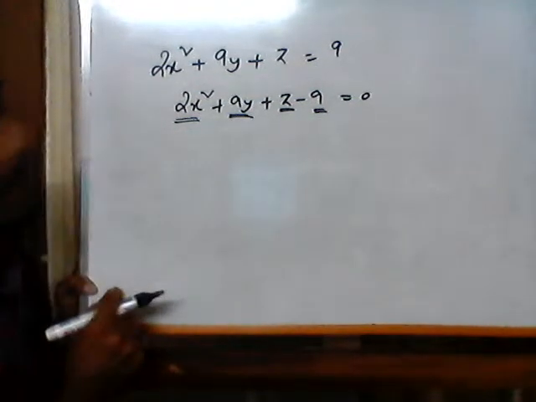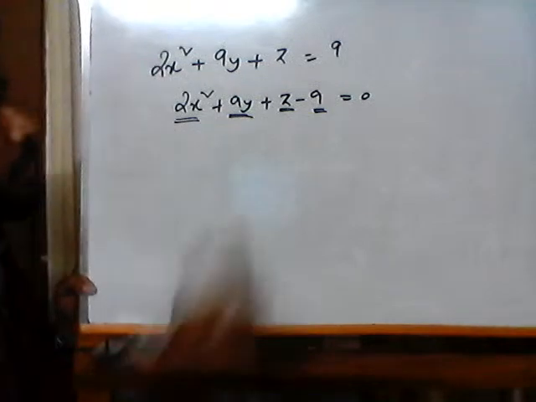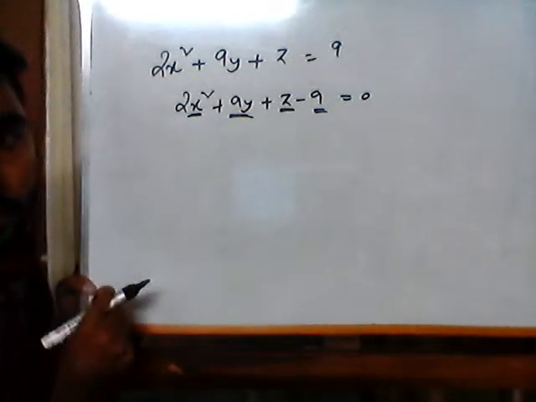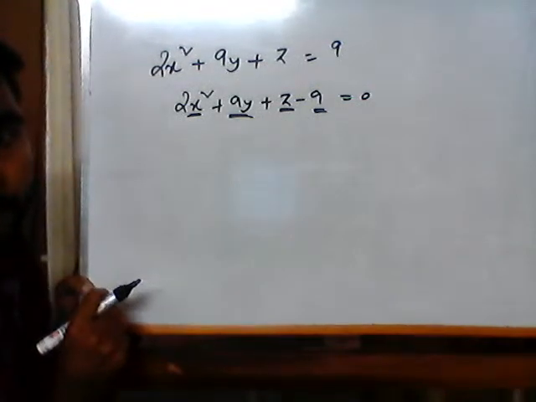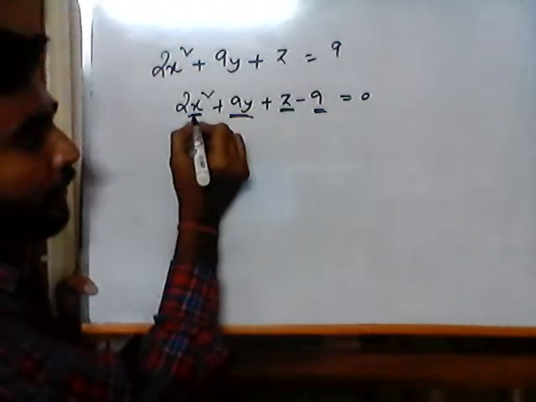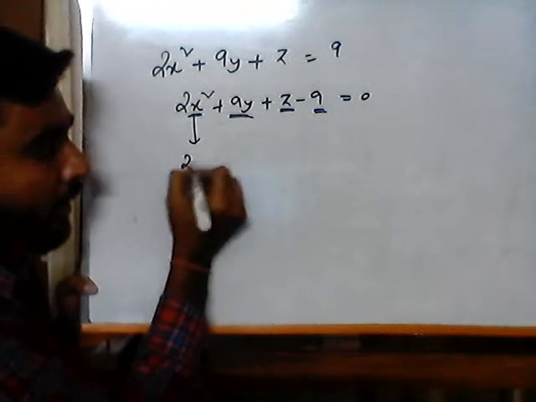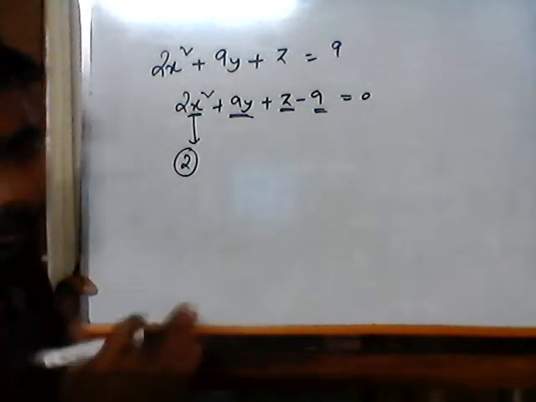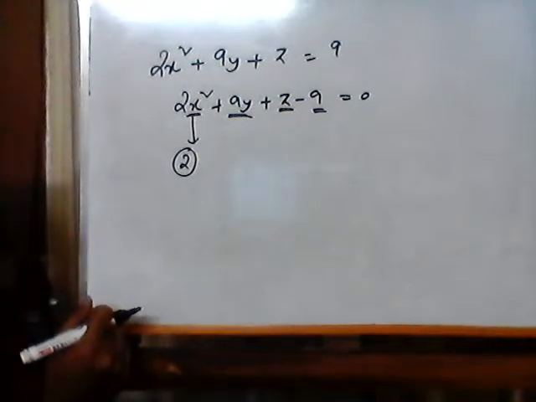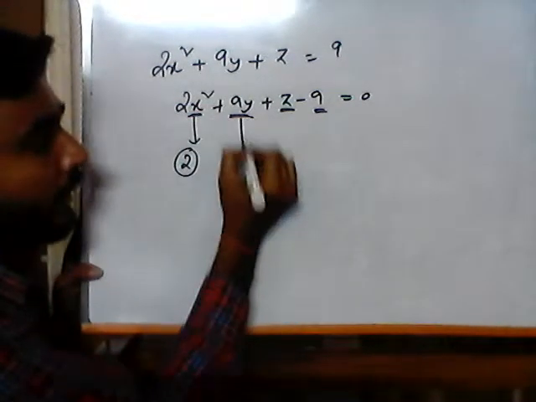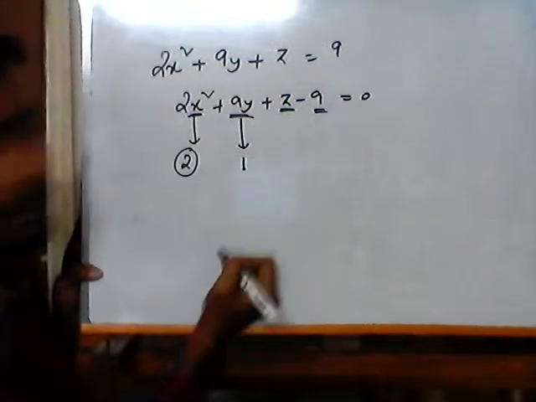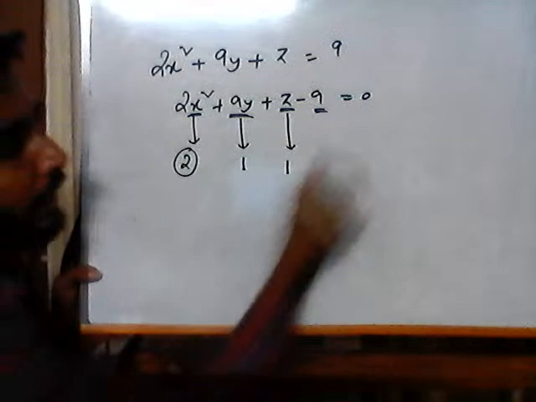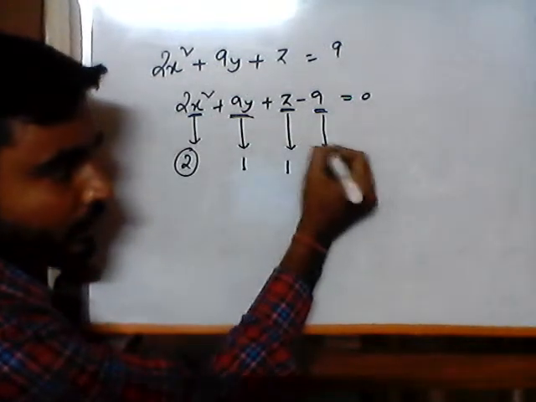That doesn't matter. Let us see what degree is now. Here the variable is x and it has power 2. Now concentrate here, don't comment. Here the variable is x and it has power 2, and here the variable is y, it has power 1. Here the variable is z and it has power 1, and here it is a constant polynomial.